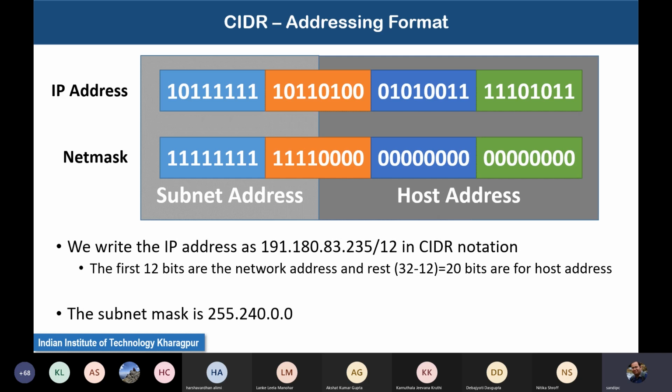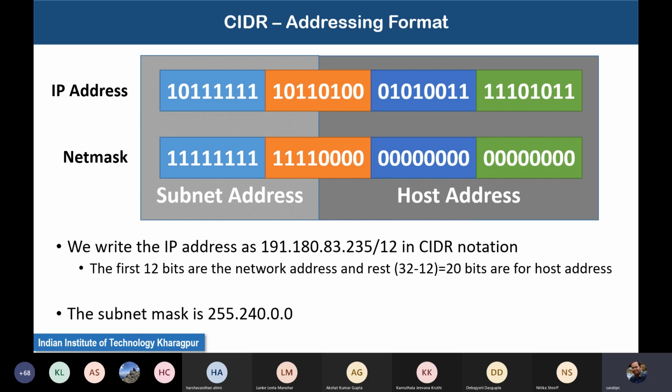So you can either go with the bitwise notation, where you define the subnet mask. If you take it, it will be 255.240.0.0. You can define the subnet mask using this dotted decimal format, or you can define the subnet mask combined with the IP address by this slash notation, where you first write down the IP address 191.180.83.235 and then give a slash and an integer number, which defines the number of bits in your subnet, indicating how many bits are used for the network address component.